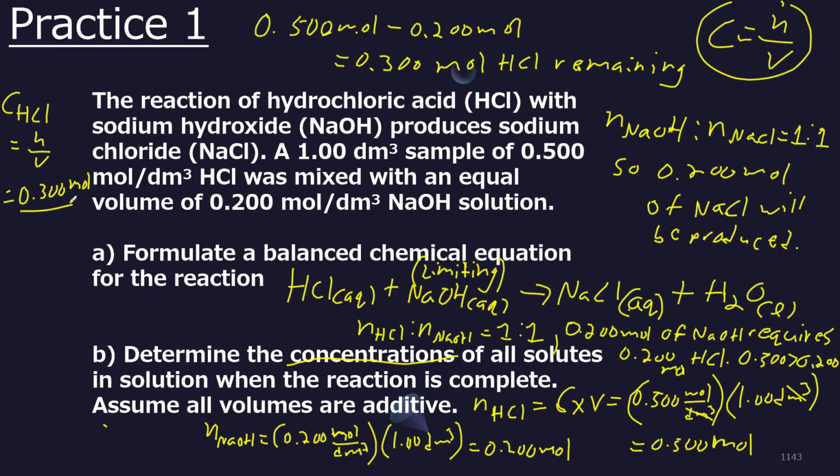The final volume of mixing these two solutions, and B says assume all volumes are additive. We have 1 decimeter cubed of each solution, so the final volume here must be 2.00 decimeter cubed. Key thing to realize, check what your actual final volume will be.